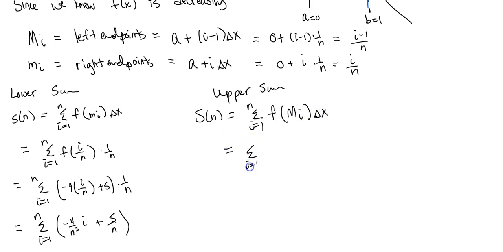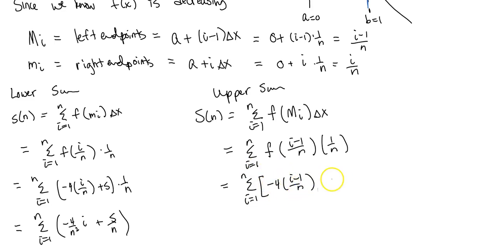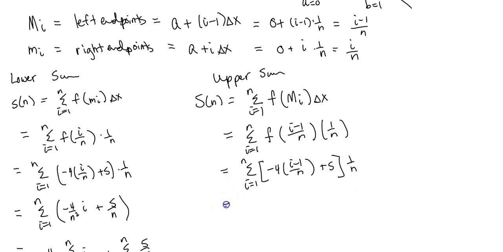So this will be the sum from 1 to n of f of I minus 1 over n times 1 over n, which is going to be the sum from 1 to n of, if we plug this in, negative 4 times I minus 1 over n plus 5 times 1 over n, which is going to be the sum from 1 to n of negative 4I, if you bring in the n, that'd be over n squared, plus 4 over n squared, plus 5 over n.